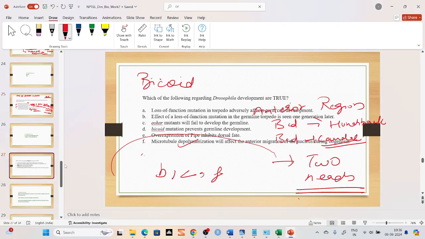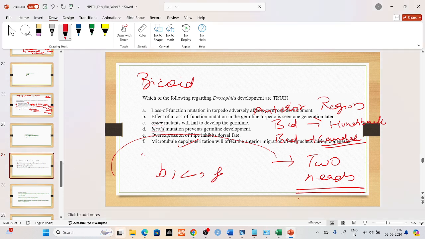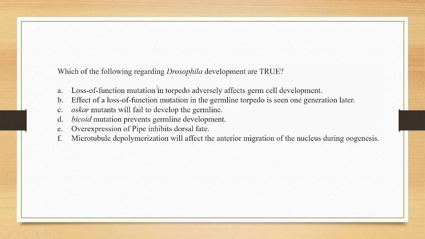E, what is E? So now one by one, we'll try to understand each and every sentence. We have to just mark the true statements in this. So the first is loss of function mutation in torpedo adversely affects germ cell development.